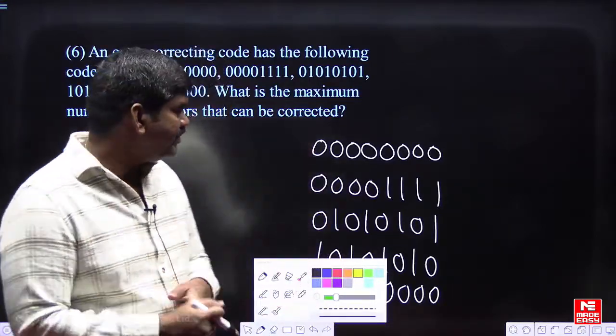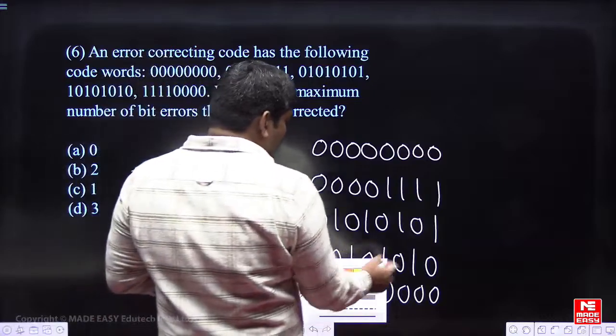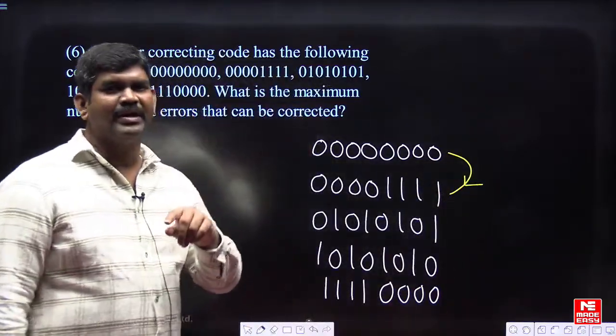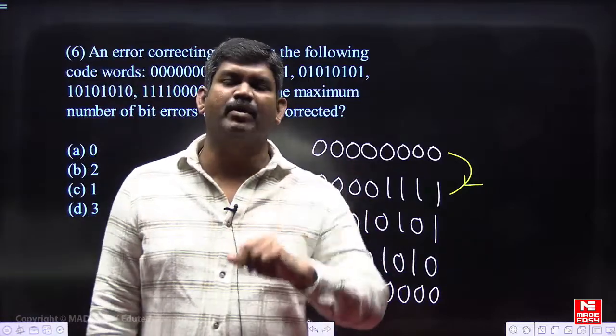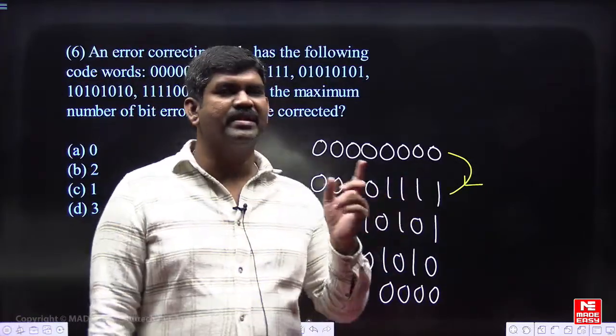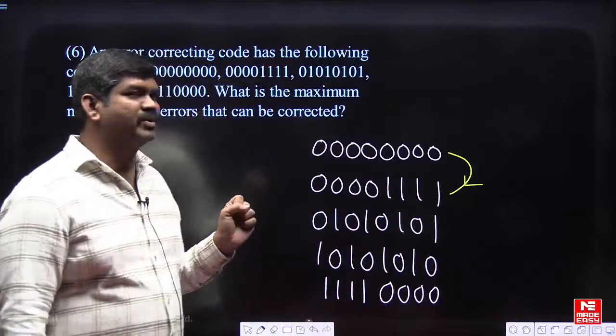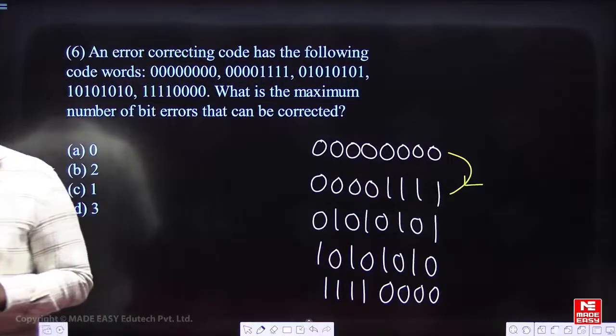So first calculate the Hamming distance. Remember, Hamming code is different, Hamming distance is different. Hamming code is a correcting code. Hamming distance is the number of bits that differ between the code words.